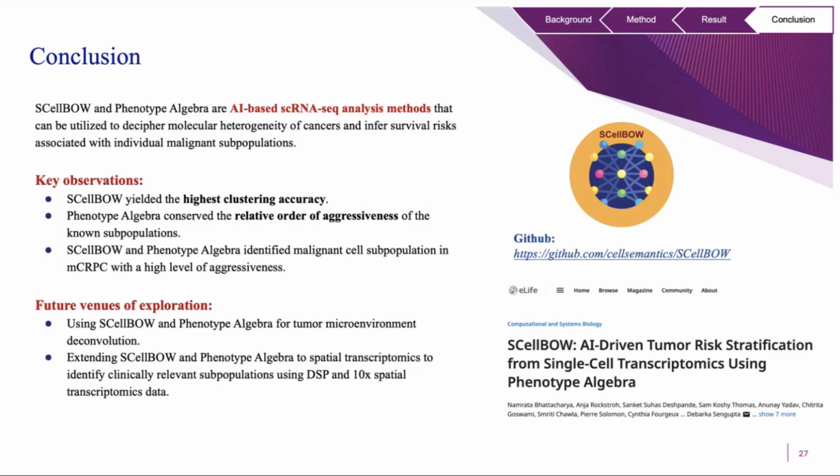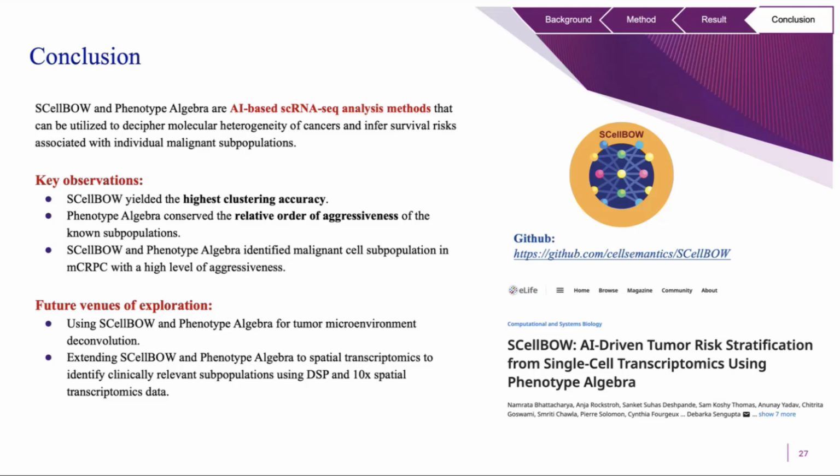Some of the key observations, like I presented, are that it has high clustering accuracy, and the Phenotype Algebra module is able to order the different subtypes, different phenotypes present within tumor data, based on their aggressiveness. Using SCellBOW and Phenotype Algebra in combination, we were also able to find new subtypes. I wouldn't call them novel subtypes, I would rather say novel clonal subpopulations within the prostate cancer data.